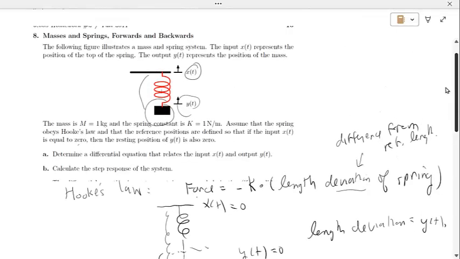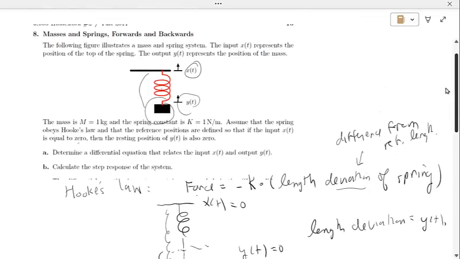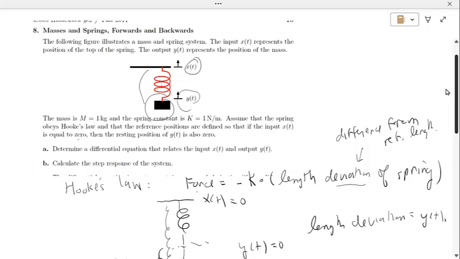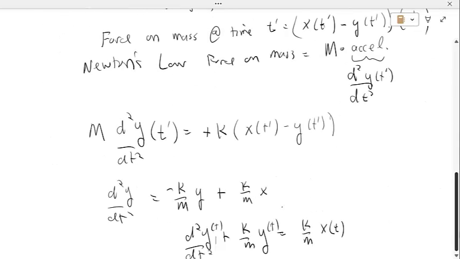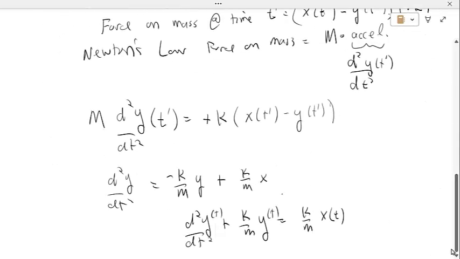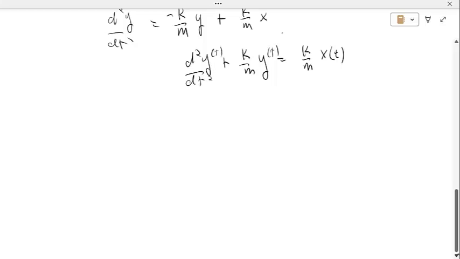Okay. Now you also need the initial conditions. It says that there are no initial conditions. Now step response. What is step response? Step response is the condition when, so I'll just tell you what step response is, and I'll give you an indication how to solve that. Okay.